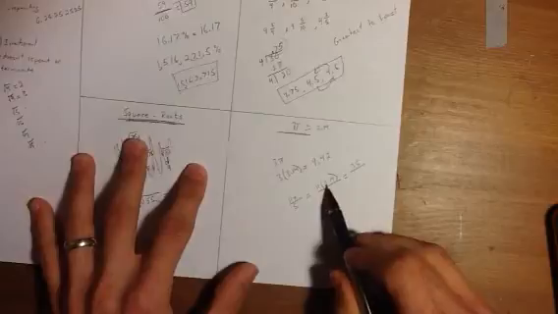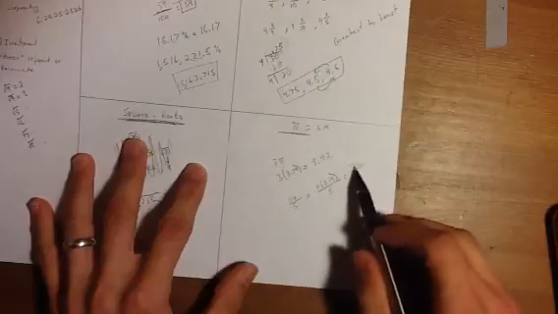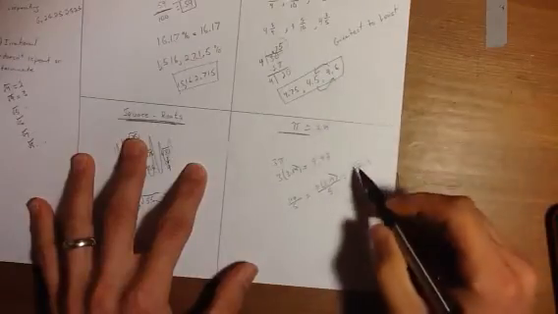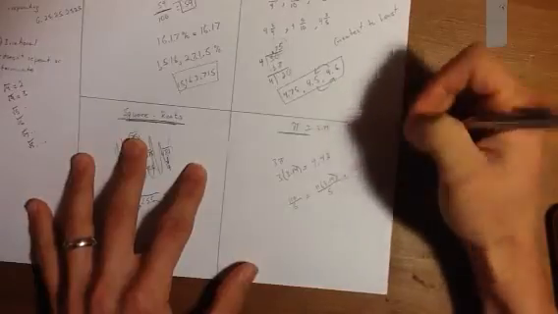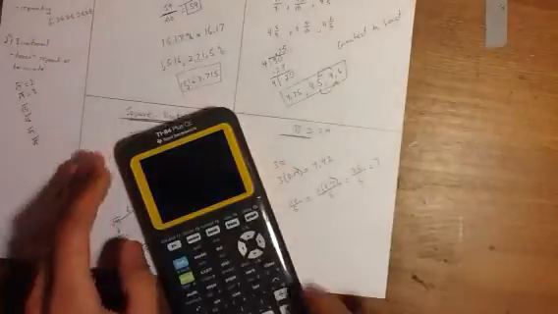So 11 times 3 I know is 33. And then 11 times 0.14 is just over 1. So it should be closer to 34, but I'm doing 35 just to get a good estimate. So 35 divided by 5 is 7. Now this is all estimation, but I know it's going to be right around 7.